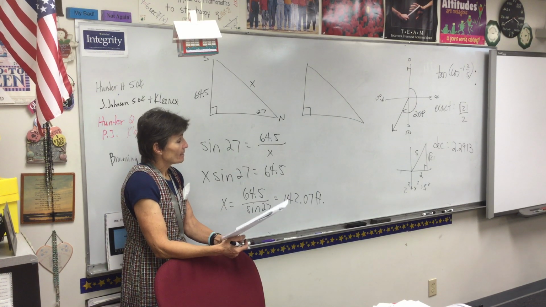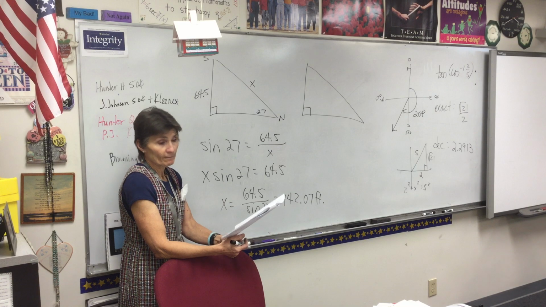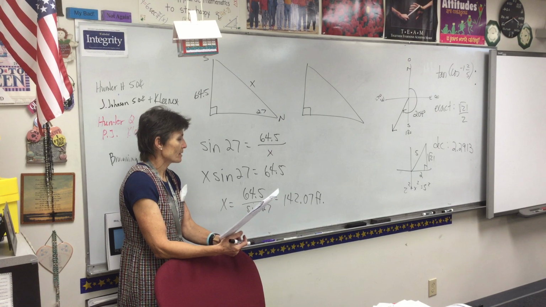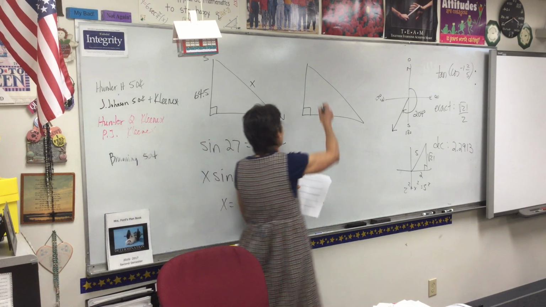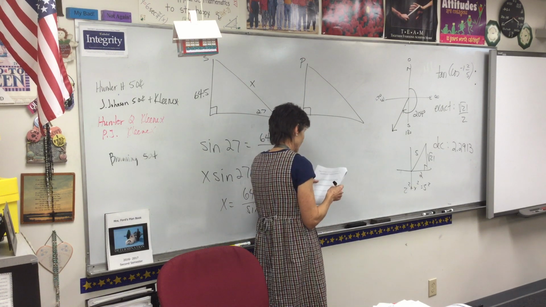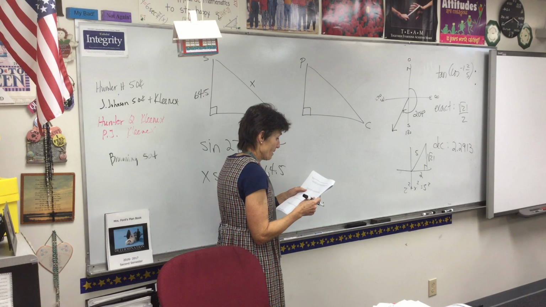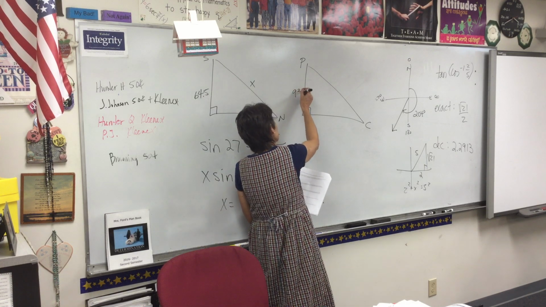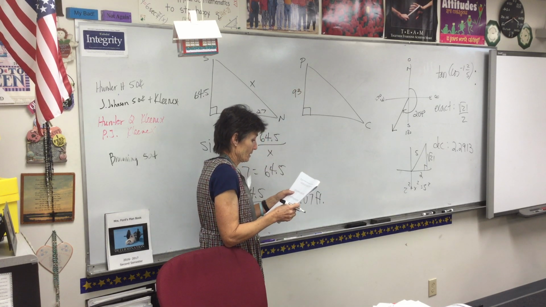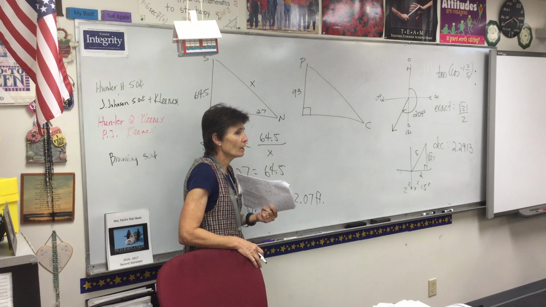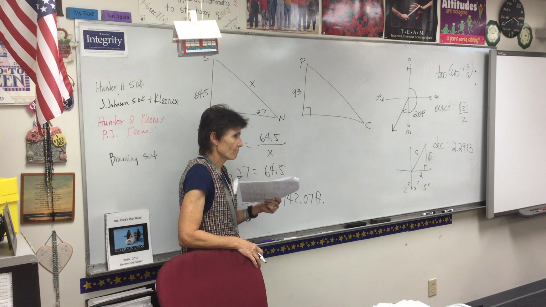Well, instead of a seagull looking at a fish, we have a pelican spotting a crab. So we have the pelican on top of the lighthouse, and he sees a crab down here in the water. The pelican is 93 feet above sea level. The pelican is 202 feet from the crab.